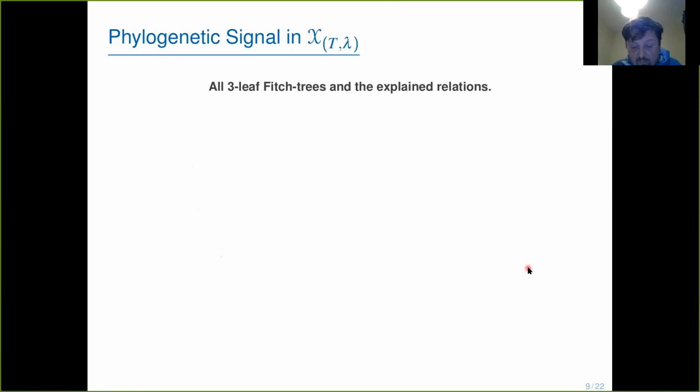Okay, so now we wanted to know what is the phylogenetic signal of this relation. And if you don't have a clue, what are you doing? You look at simplified examples. And so what we have done is we looked at all 3-leaf Fitch trees and the relations that they explain.